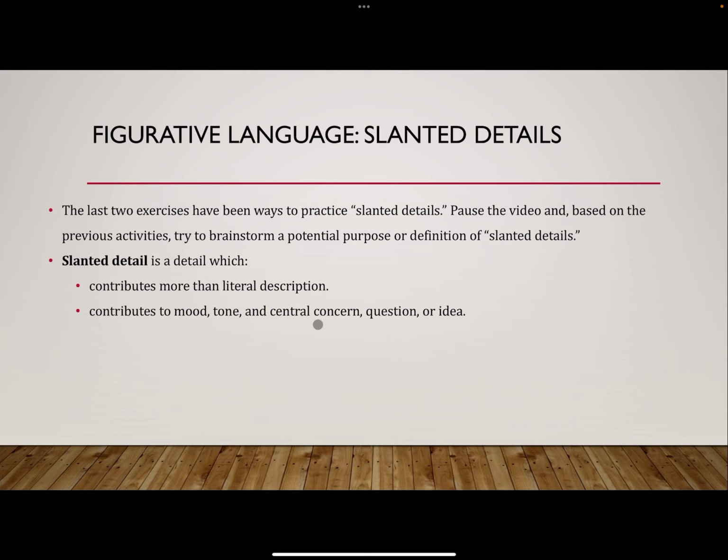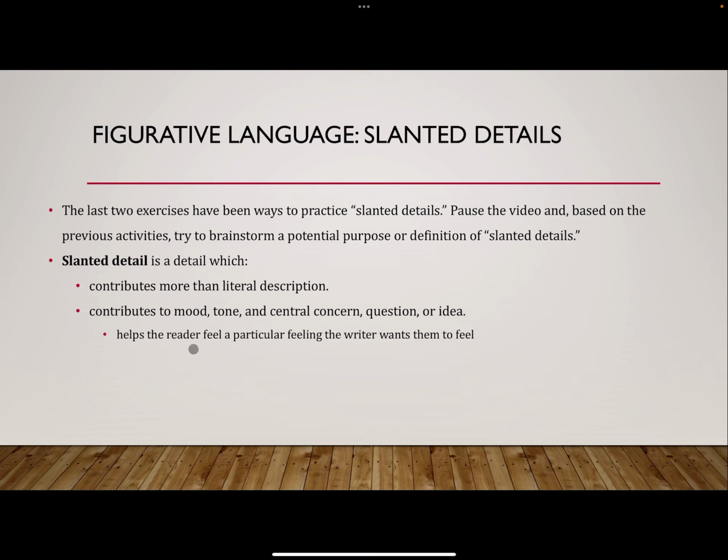A central concern, question, or idea is essentially a sort of main idea, something that the author is thinking about what it means to be more than your story and relates to the human experience in general. The difference between mood and tone being the author's attitude toward their subject, mood being how the audience or reader feels as a result.